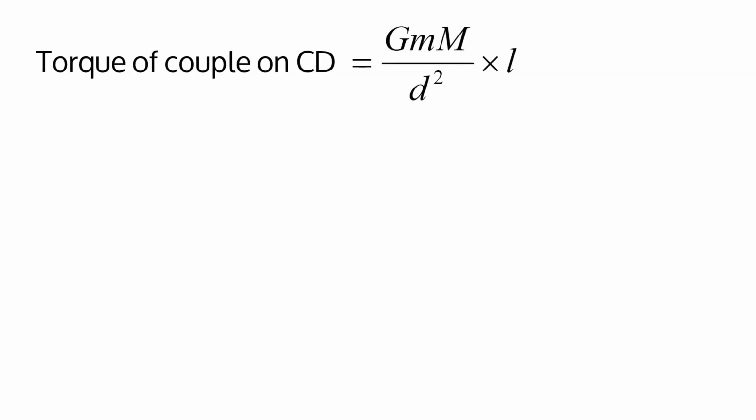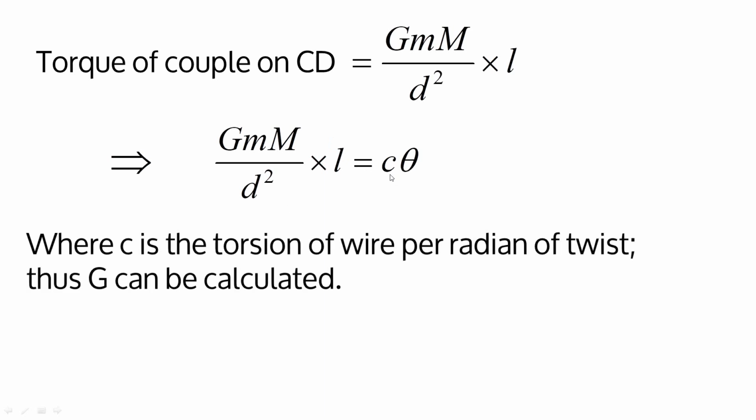So we are going to say the torque of the couple on CD is equal to capital G m m over d squared, the mass of the gold sphere times the mass of the lead sphere over d squared, times L. And this torque of the couple on CD is equal to C theta. Now what is C? C has a special name.